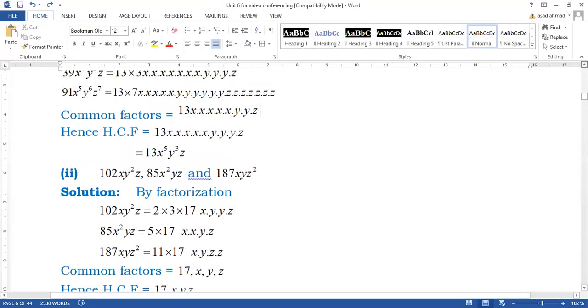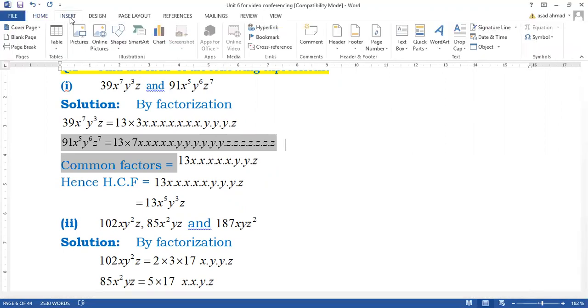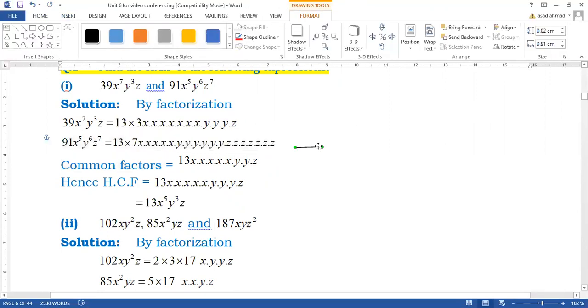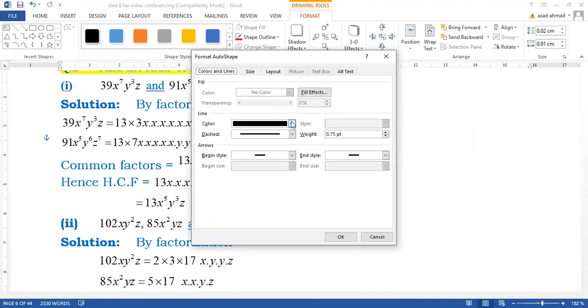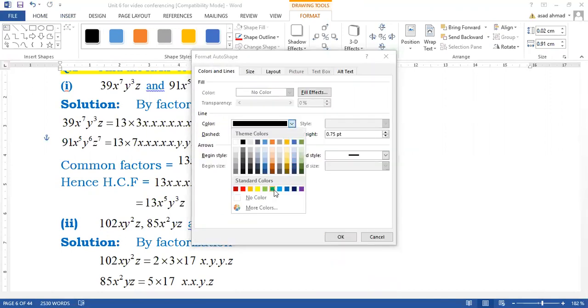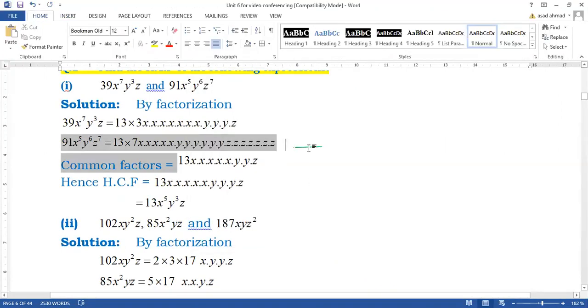So you will notice that in these two terms, you will see what is common.